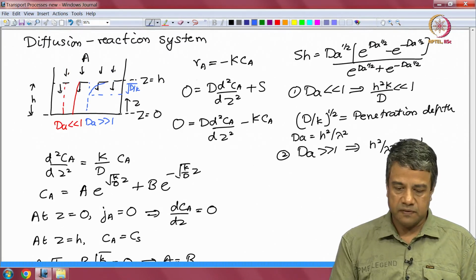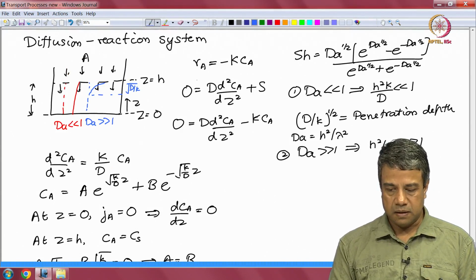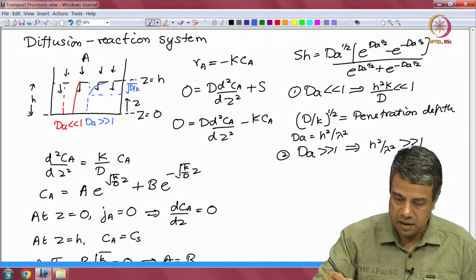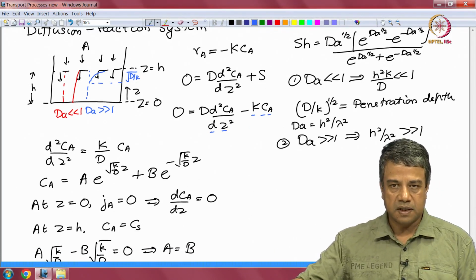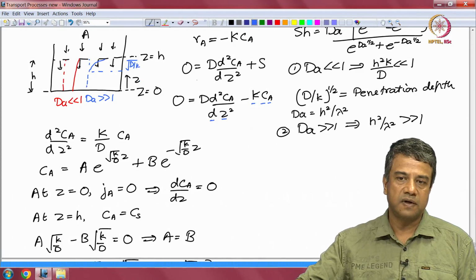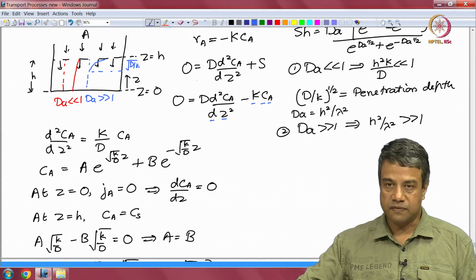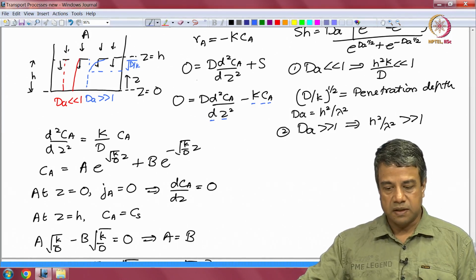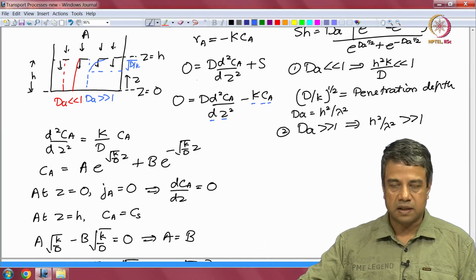So, this is an example of a reaction diffusion system. We have a first order reaction and diffusion with a specified reaction rate, and in this particular case the source is a function of the concentration itself, because the reaction rate is a function of concentration. So, even though the diffusivity is a constant, the source is a function of the reaction rate.